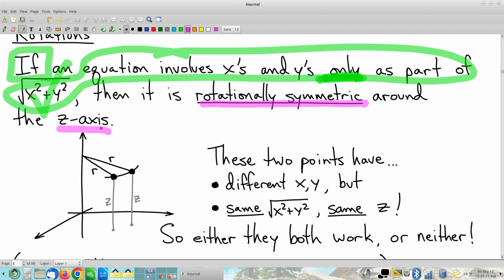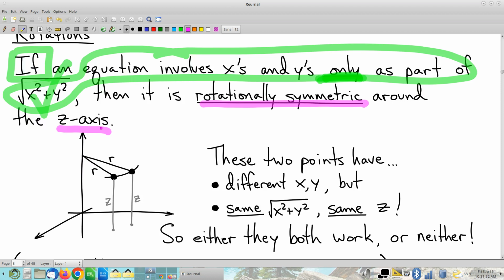Just look where the x's and y's are and see if they all fit in this form. And so easily checked, and once you've made that quick check, you instantly get a very powerful bit of geometric information about this surface you're trying to draw. Rotationally symmetric around the z-axis is huge information.